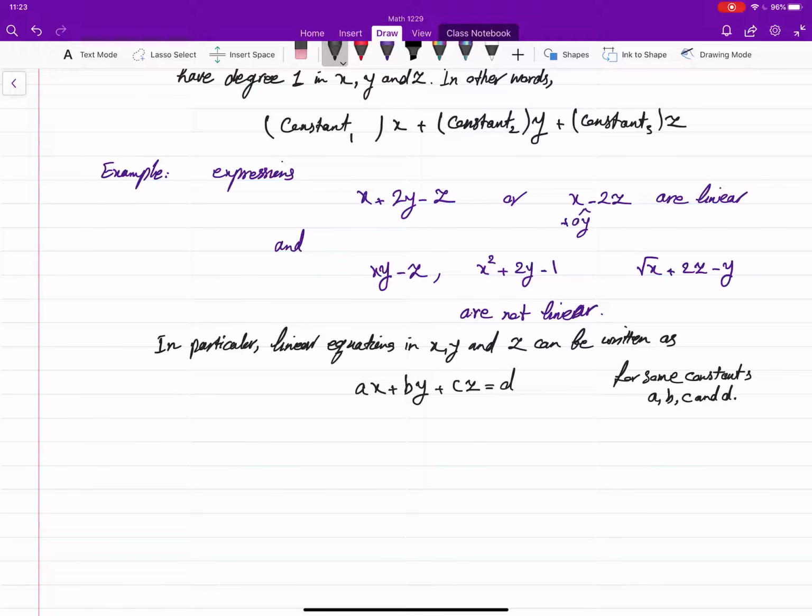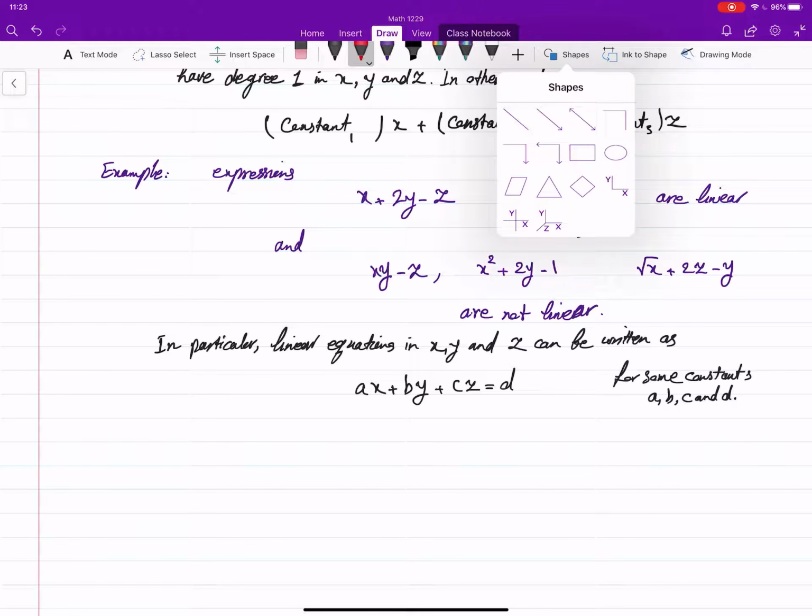With different constants, you will have different equations. So this is the form of the equation we will call a linear equation.